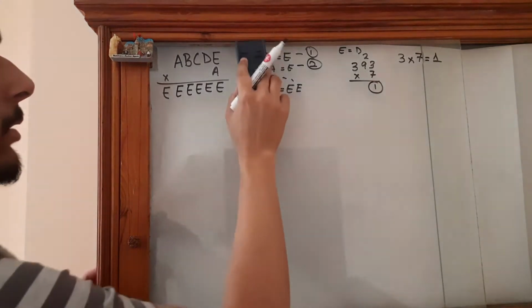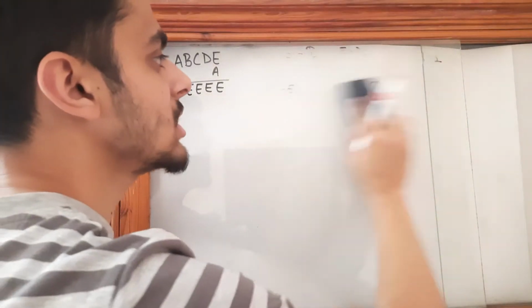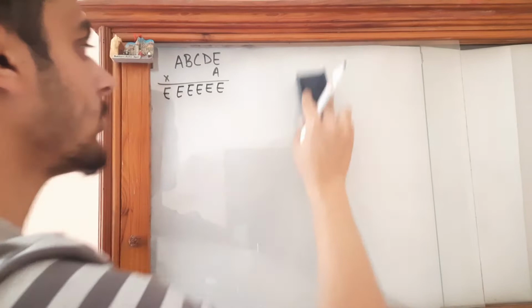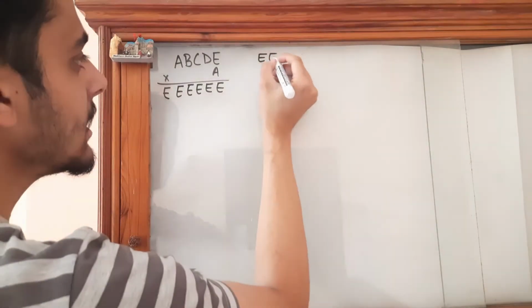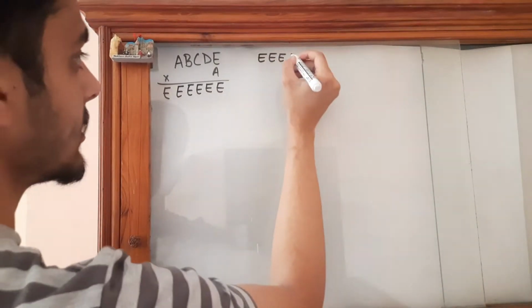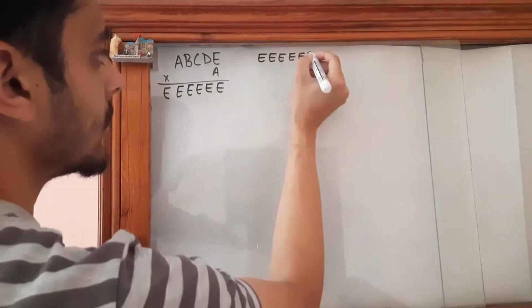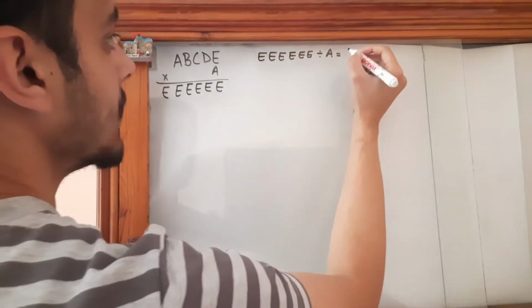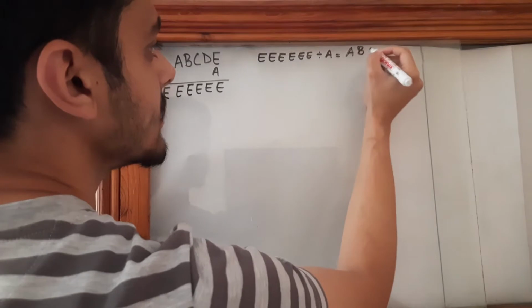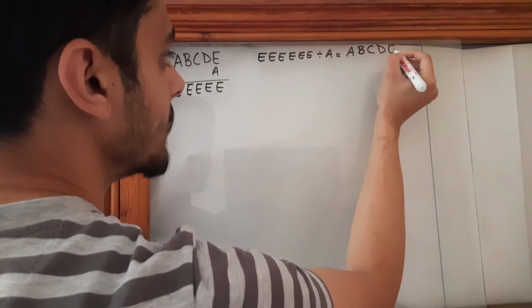So the way we are going to solve this is to change the question into the form of division. I think there are 6 E's, yes, divided by A is equal to A, B, C, D, E. So let's assume it to be this way.